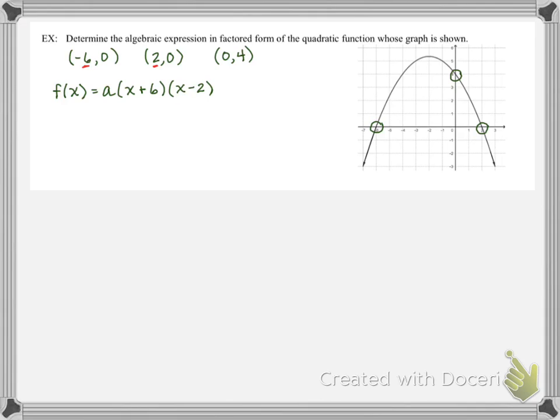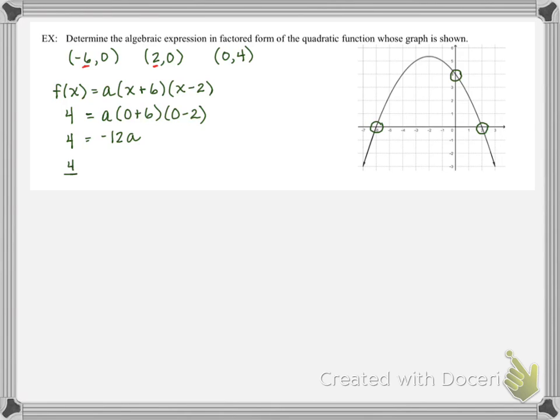Now we're going to plug in the y-intercept. Okay, what'd you write? I wrote 4 equals a, 0 minus 6, and then 0 minus 2. Perfect. So we should end up with 4 equals negative 12a, yeah?